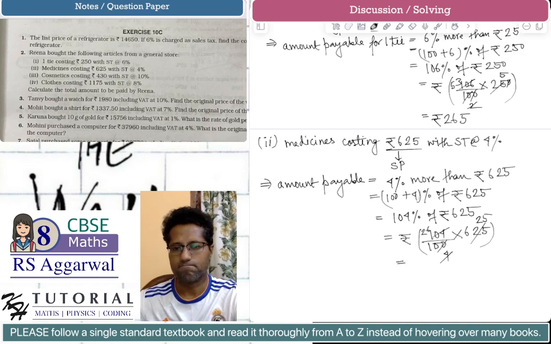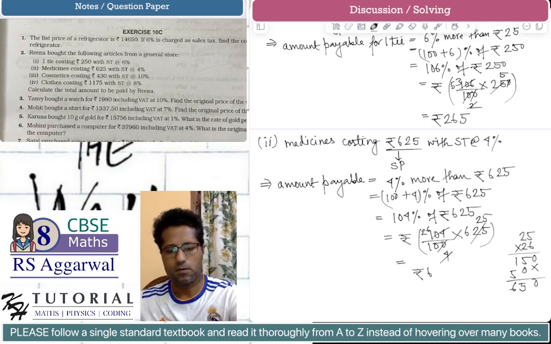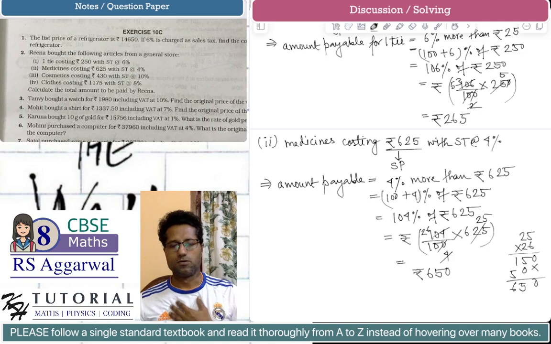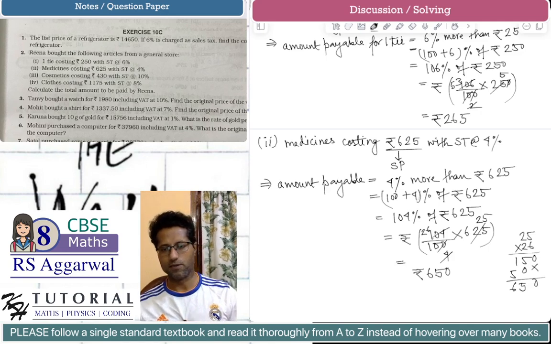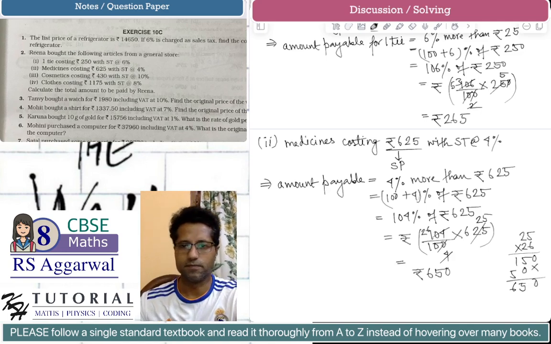So 25 multiplied by 26 is 650. So the amount payable for the medicines is rupees 650.